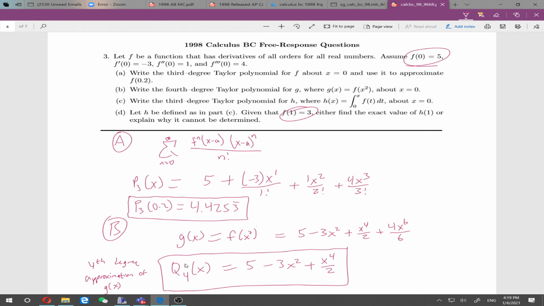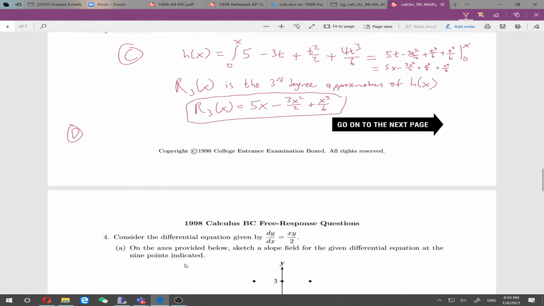So I'm going to try to figure out how I can write that. Let's see, h at 1 would be equal to the integral from 0 to 1 of f of t dt. But only f at 0 and f at 1 are defined.